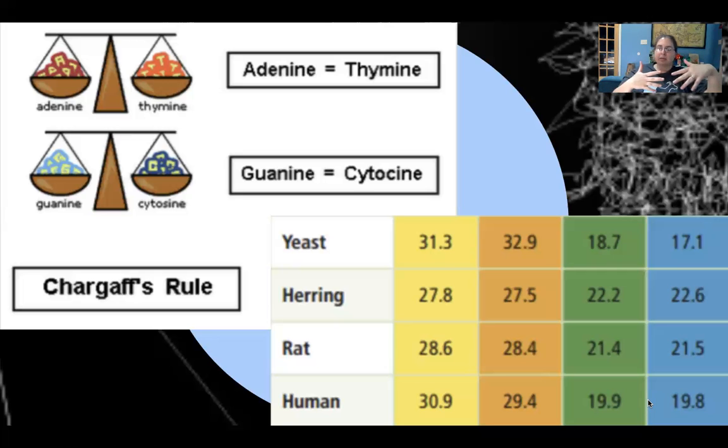So this comes into play in the next set of discoveries when we find out that DNA is made up of 2 strands. And the reason why we have the same number of bases is because they actually match. So they're complementary to each other. Adenine will always bond with thymine, and cytosine will always bond with guanine.